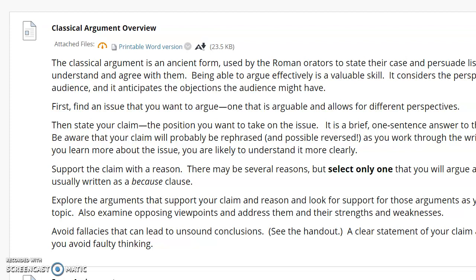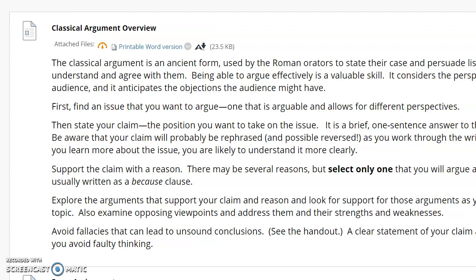You will then support that claim with a reason, basically one single all-encompassing reason. And those two items together, the claim and the reason, comprise your thesis statement.